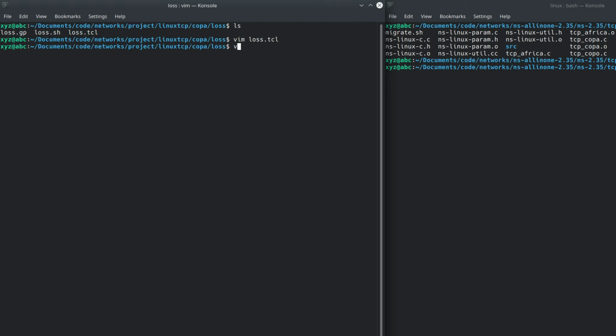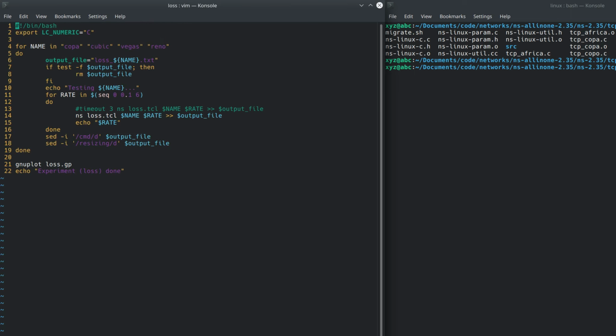Okay. As we can see, for every one of the flows, we're going to be using again Copa, Cubic, Vegas, and Reno, and the rate is going to be changing between 0% and 6%.